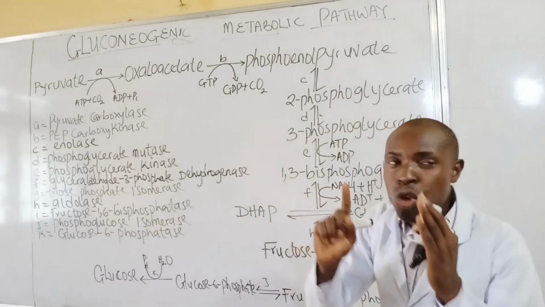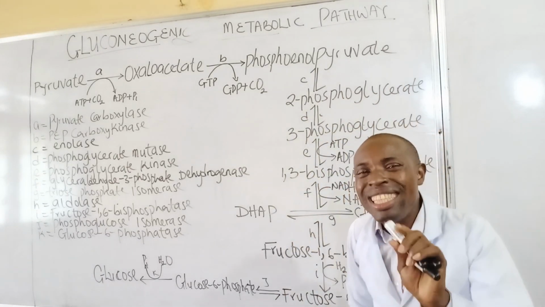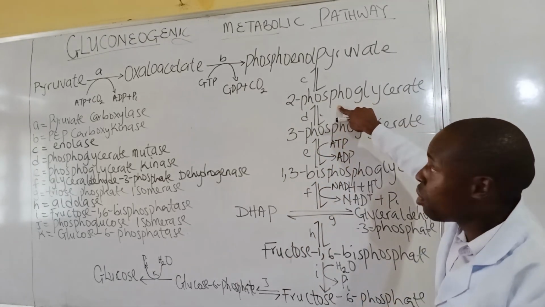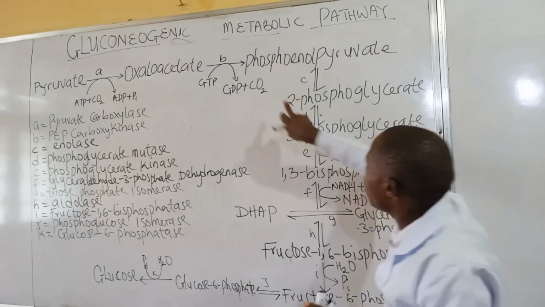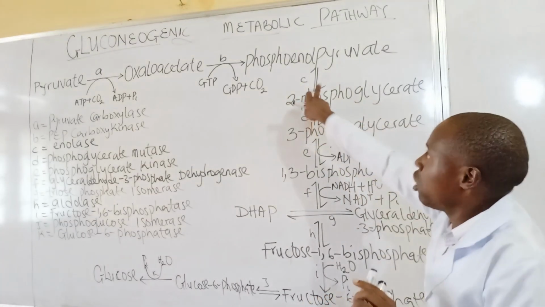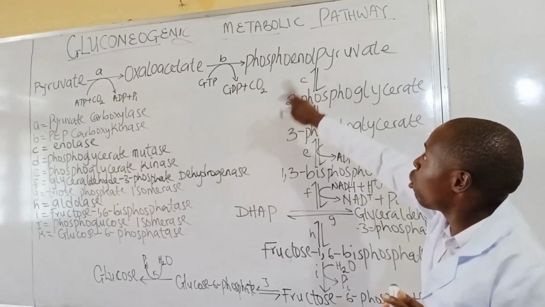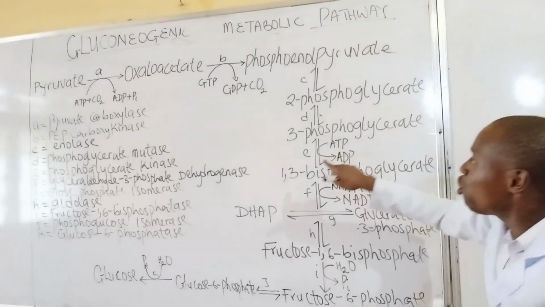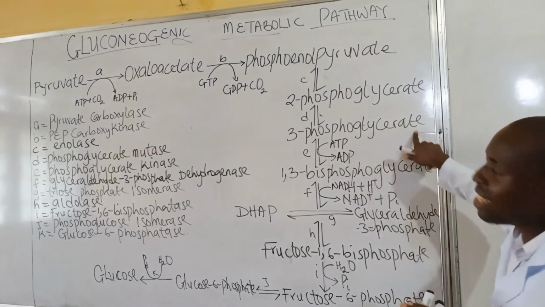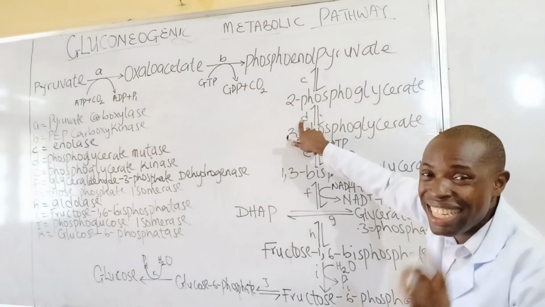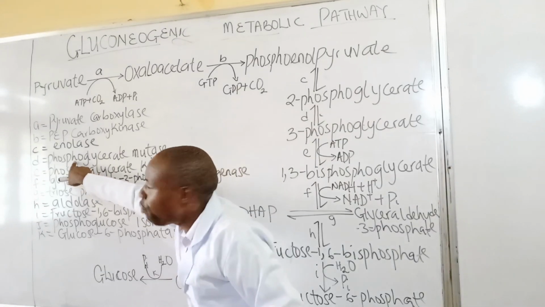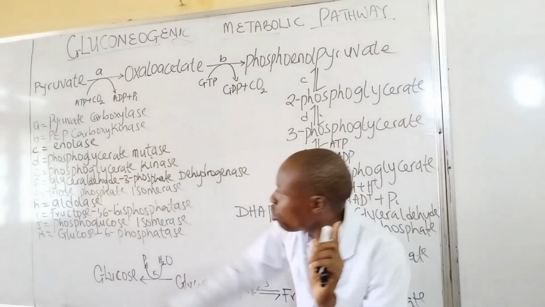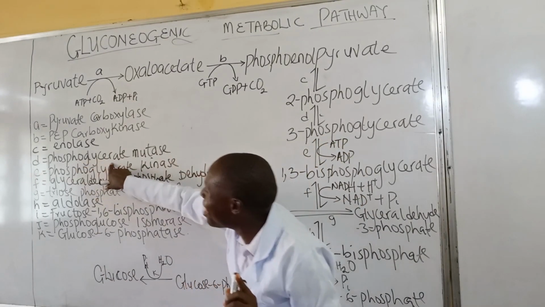Take note, it is controlled by an enzyme called enolase. While from 2-phosphoglycerate to 3-phosphoglycerate, it is controlled by the enzyme called phosphoglycerate mutase. Take note, the phosphoglycerate mutase.